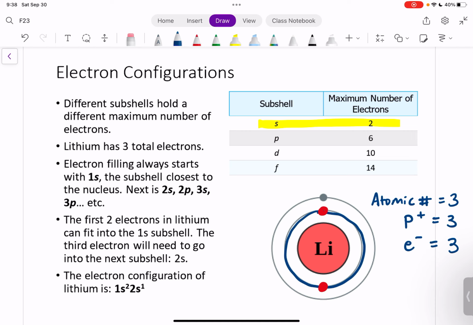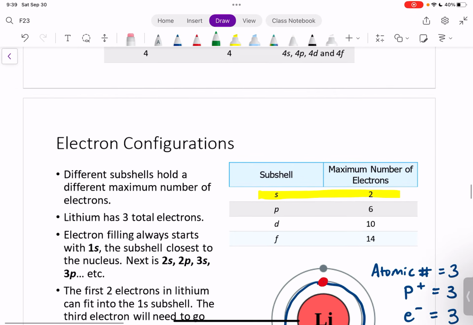All right, so remember, this is our S subshell. And in fact, we can even be more specific and say that it is our 1s subshell. The next subshell that's closest to the nucleus is actually our 2s subshell.